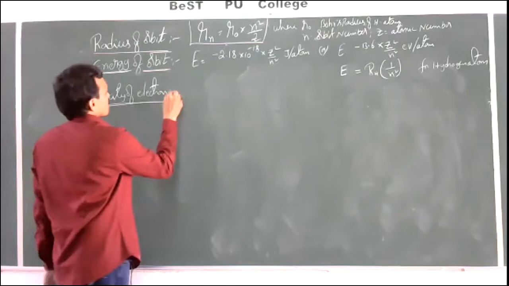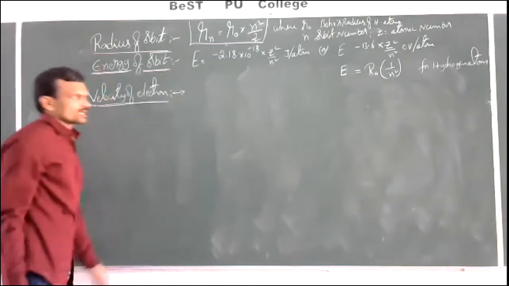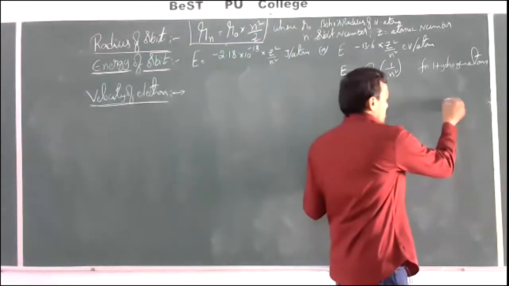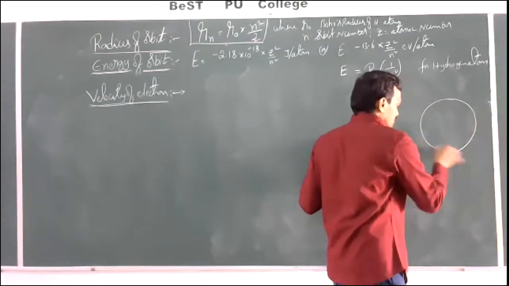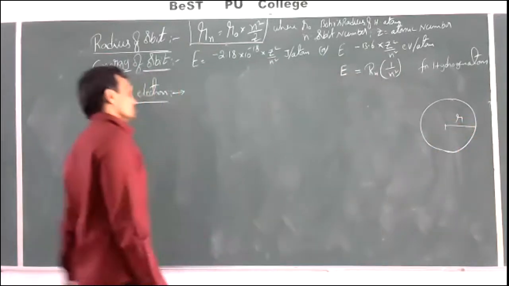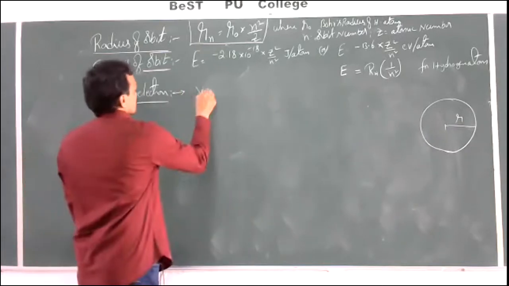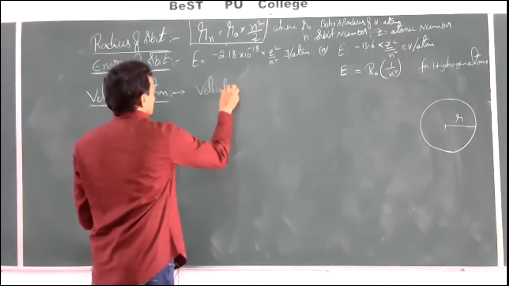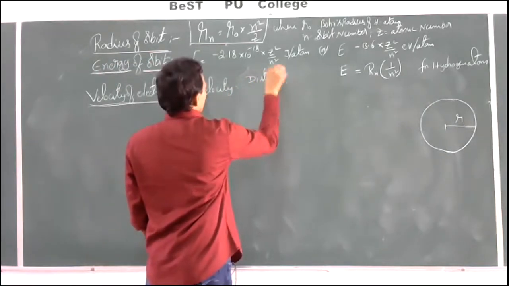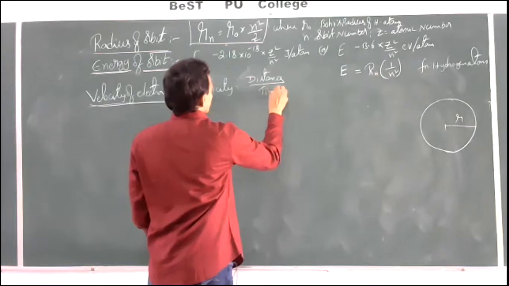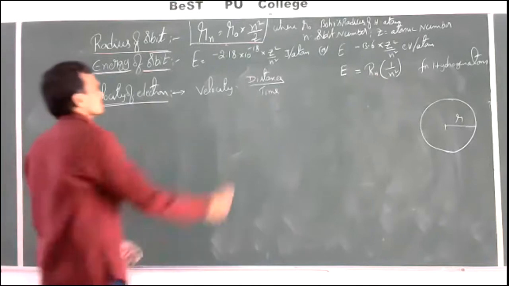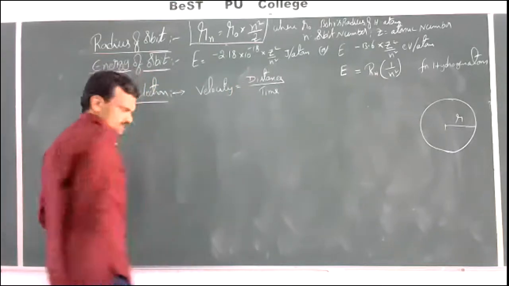Right. So what about velocity of the revolving electron? See, if an electron is revolving in a circular path of radius r, then what is velocity? Velocity is equal to distance by time. This is the relation which is known to us.